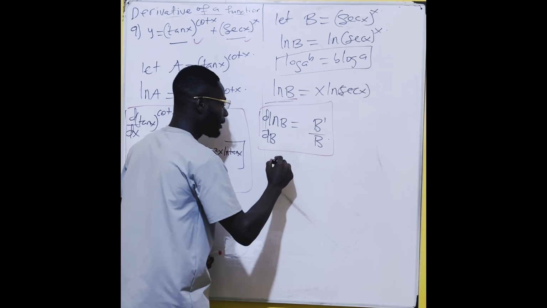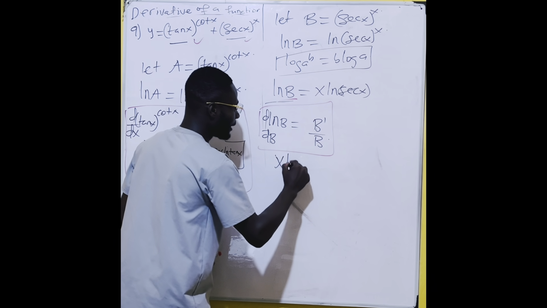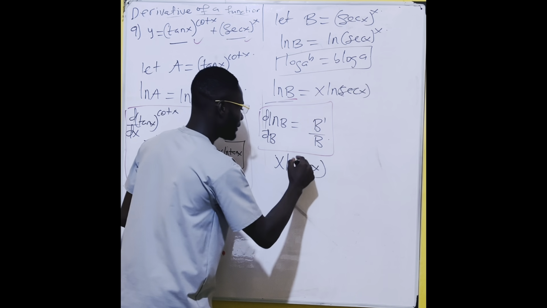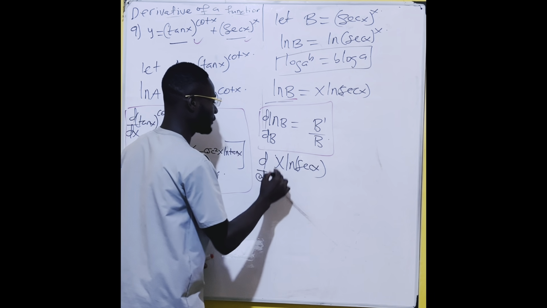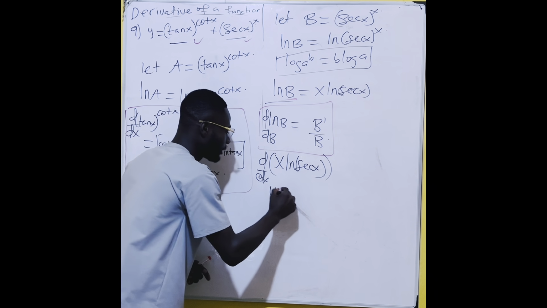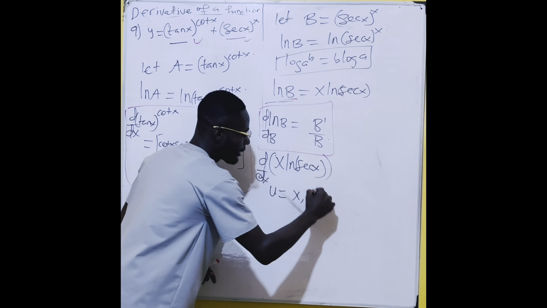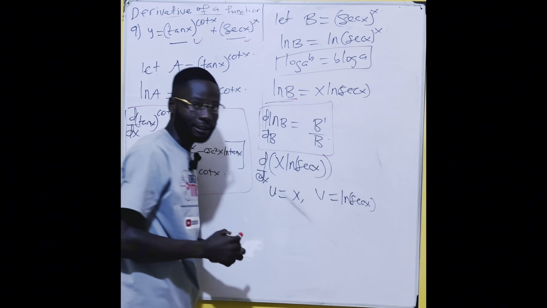So x ln of sec x, derivative of that with respect to x. So our u here is equal to x, and our v is ln of sec x.